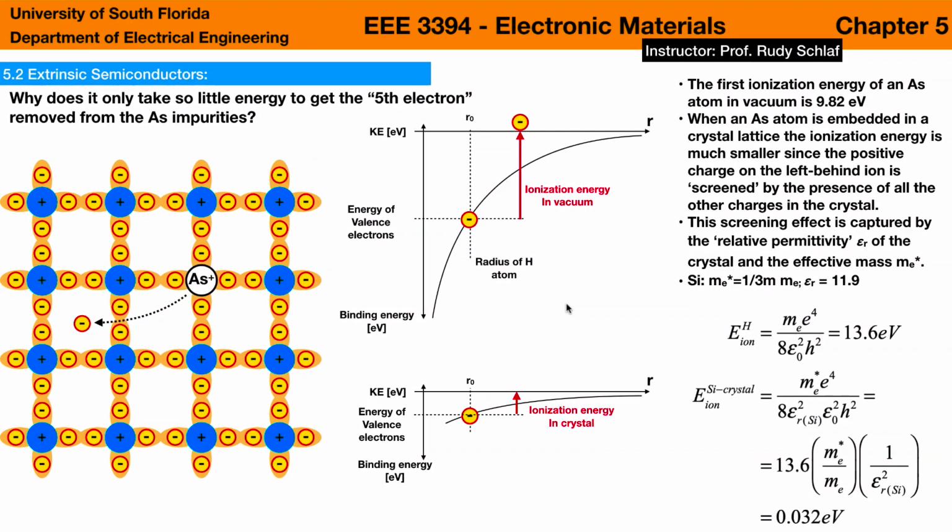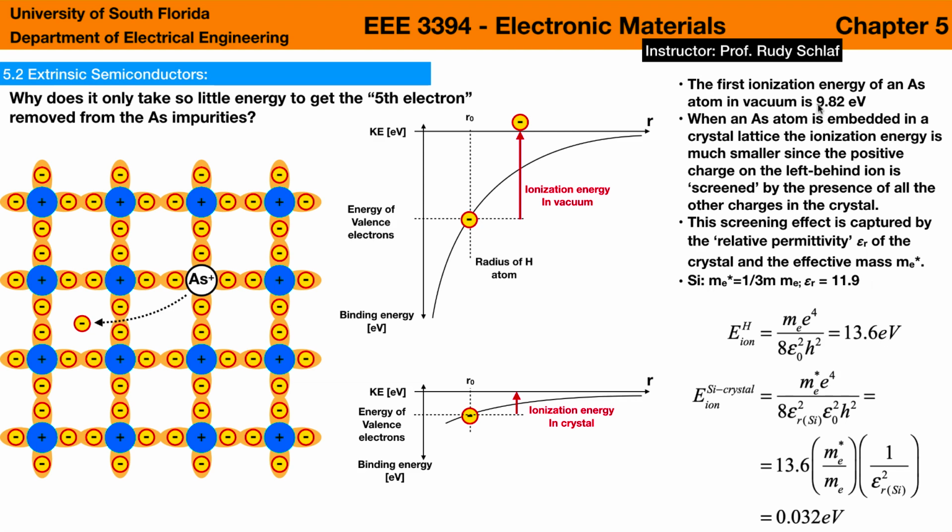You probably just wondered, why is it only 0.03 electron volts to get this electron away from the arsenic atom inside the silicon crystal? You probably remembered that the ionization energy of a hydrogen atom was 13.6 electron volts, so you would expect that arsenic would have a similar ionization energy, that is at least a few electron volts.